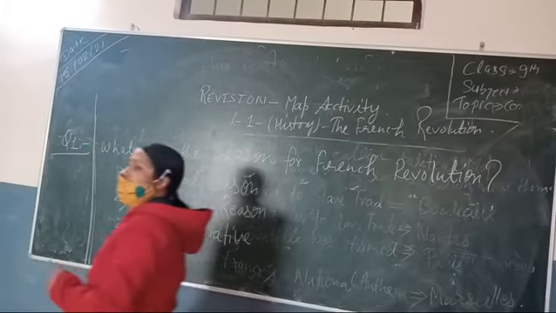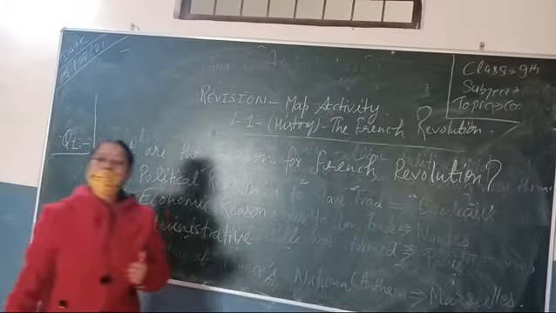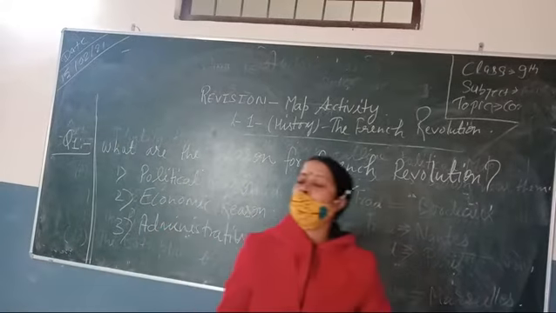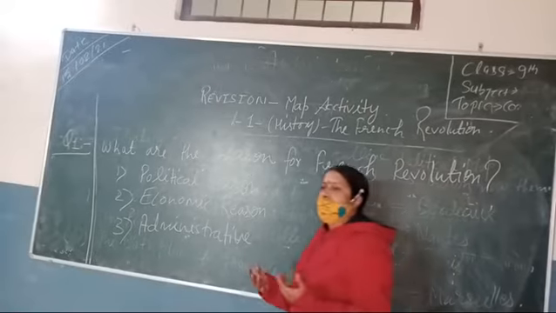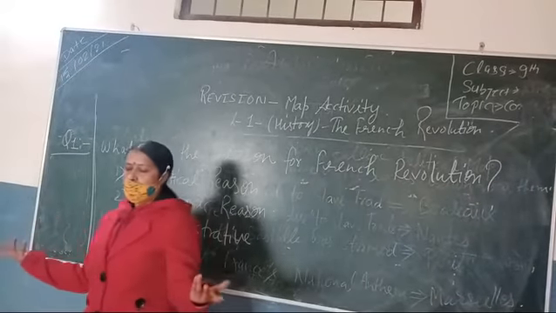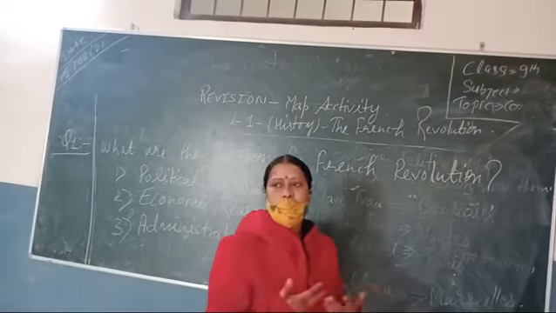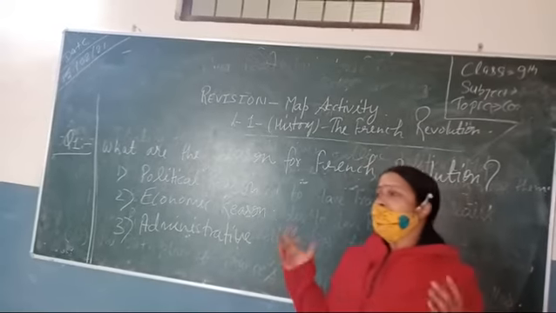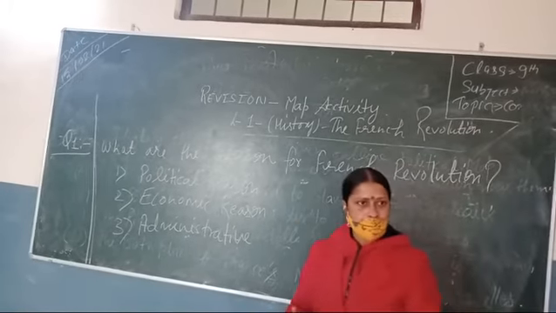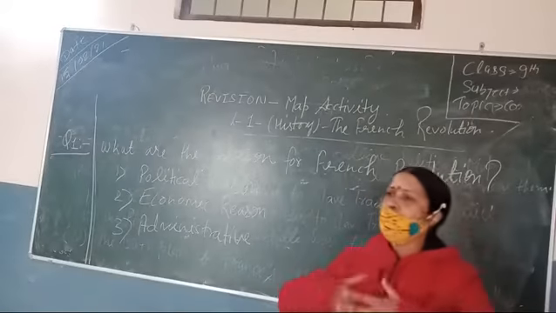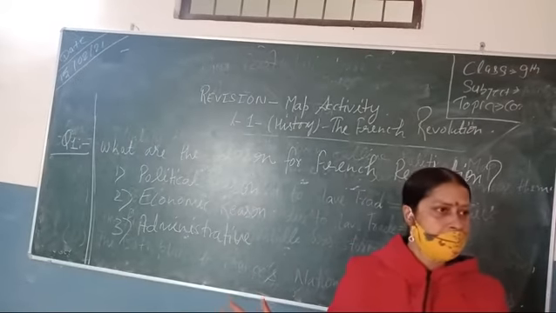So politically, he was exploiting whom? Third Estate people. Because at that time in France a monarchy system was there. But being a monarch, being a king, it was the responsibility of a king of a nation to look after every section of the society.